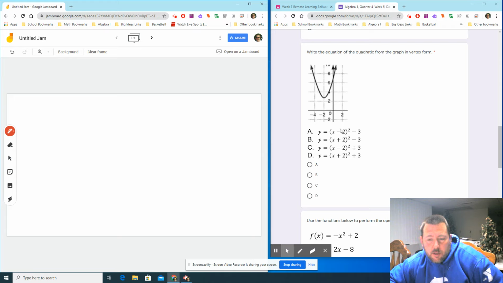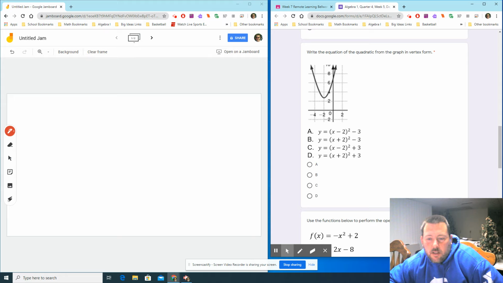Okay, and this is going to be one of our parts, and this is going to be our other part. First of all, we have a positive a value in all of these particular problems. There's a positive 1 right here, so I know that it opens up, so this has to be my minimum value.